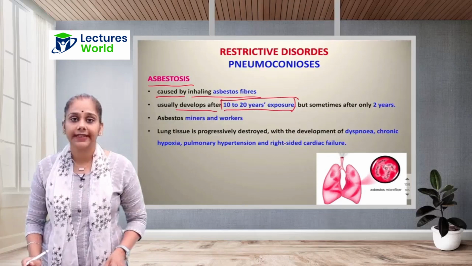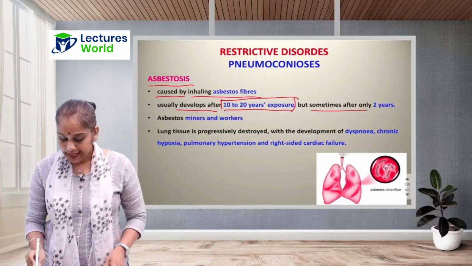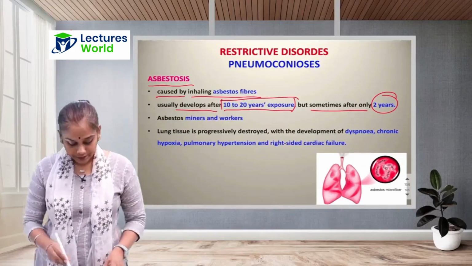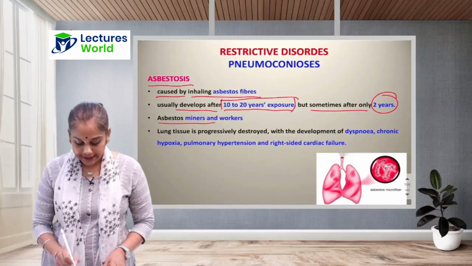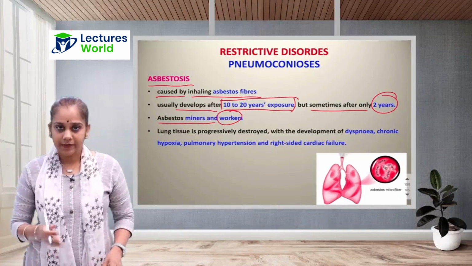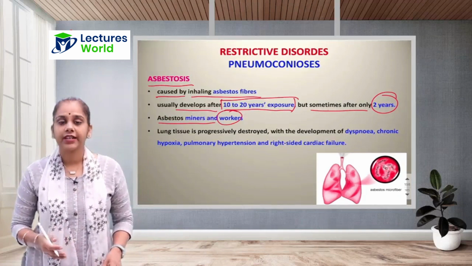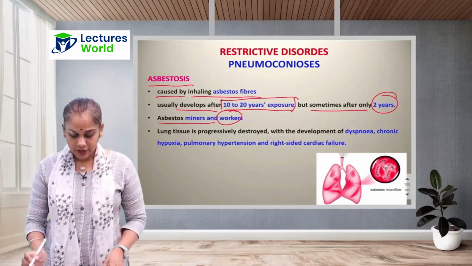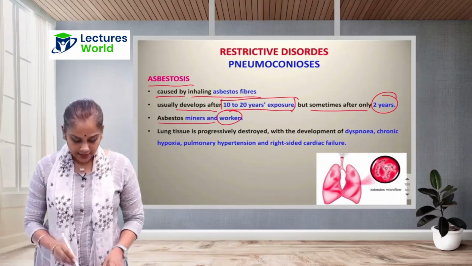Generally 10 to 20 years, but sometimes it can occur after 2 years. Asbestos miners and workers are the victims of this disease.